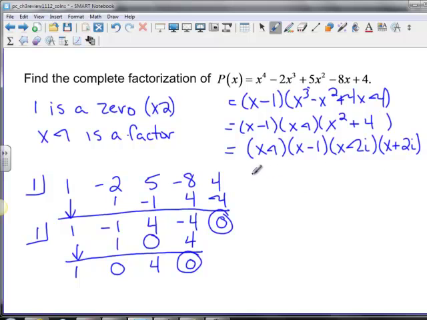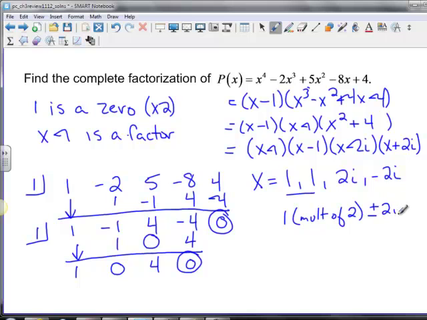That easily gives us our zeros of x equals 1, 1, 2i, and negative 2i. This right here we don't really have to write twice, but we could write 1 with a multiplicity of 2, and then plus or minus 2i. And that right there is our zeros.